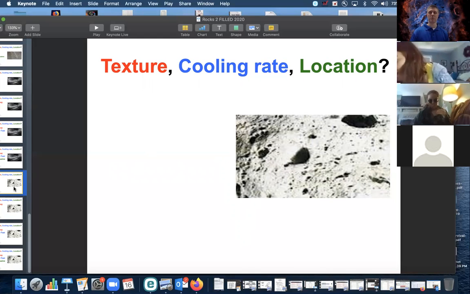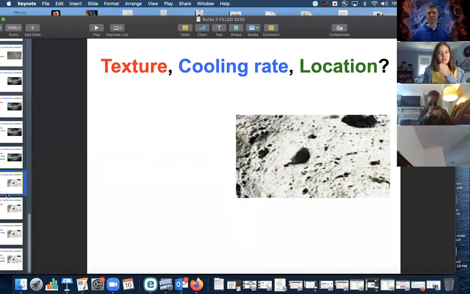These are just bubbles and holes and all that stuff. Porous. What texture did the porous ones have? Anyone? Then it's fine, right? No, this one's glassy. Wow.